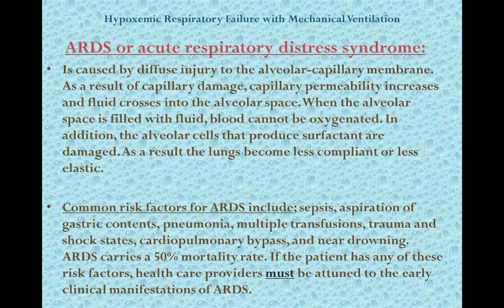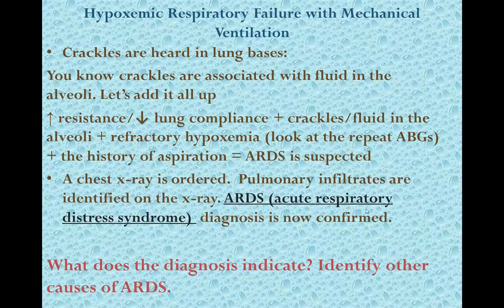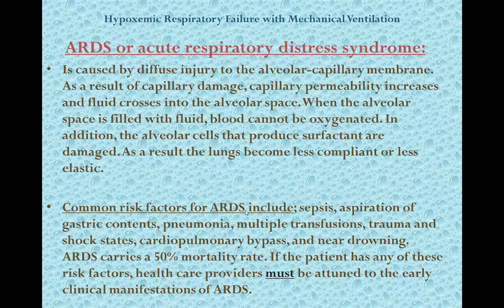All of these things should ring a bell with you, and especially with the physician, that any patient with these diagnoses is at risk for ARDS, and therefore there should be a high index of suspicion, and therefore constant assessment for this problem, for the accumulation of signs and symptoms that I have given you right here. So when you add all these things up, these are the things you look for when you know your patient has these kinds of diagnoses.